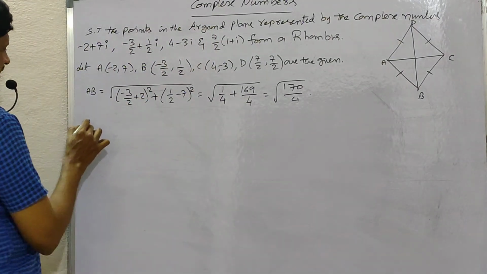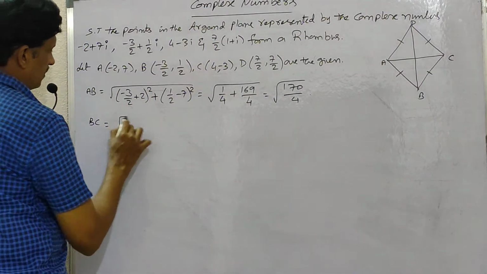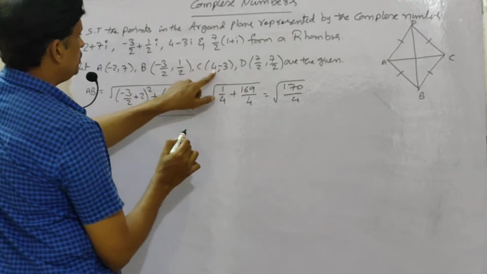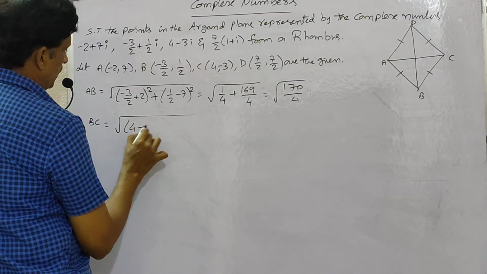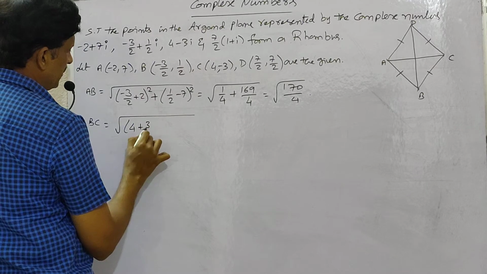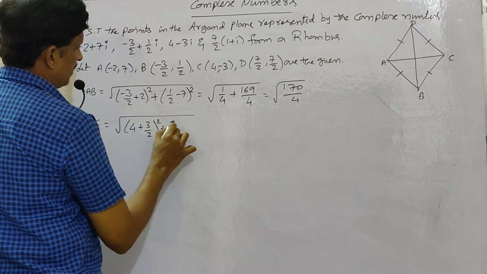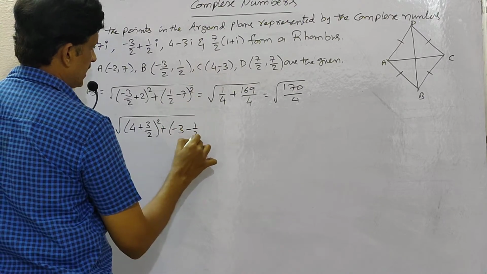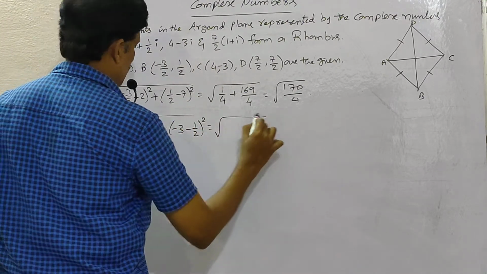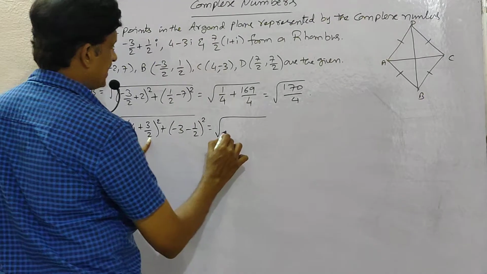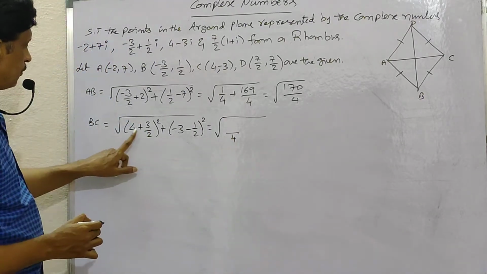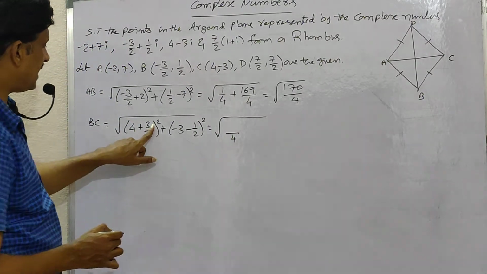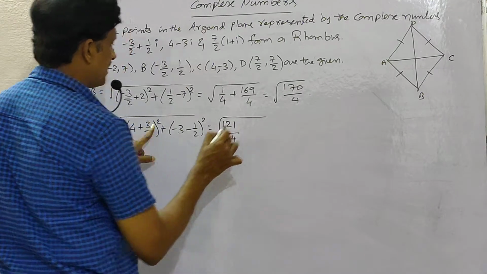And the second one, BC, distance between these two, (4 minus of -3/2, that is +3/2) whole square, plus (-3 minus 1/2) whole square. So here also 2 is the LCM, 2 square will be 4. 2 4s are 8 plus 3, 11 square, that is 121.